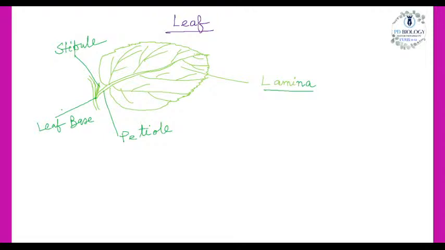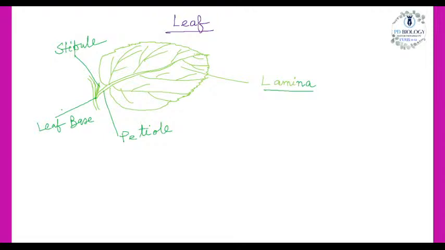Now the leaf base, which is attached to the stem, may bear two lateral small leaf-like structures called stipules. In monocots, the leaf base expands into a sheath covering the stem partially or wholly.